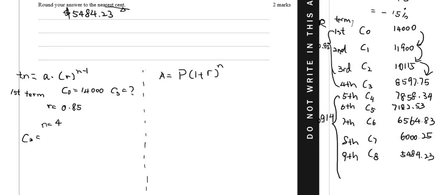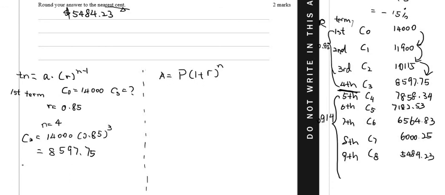So C3, which is my Tn, is equal to 14,000 times R, which is 0.85, to the power of 3, because 4 minus 1 gives 3. So from that I have that C3 is equal to 8,597.75, which is exactly the same as my fourth term in this case. Now, so that's my first stage.